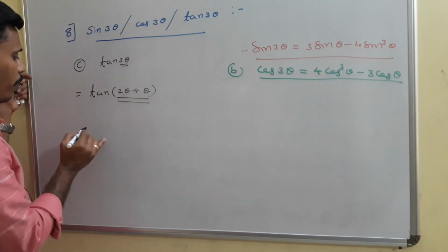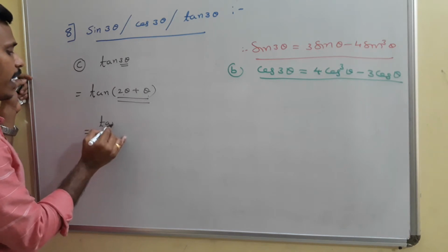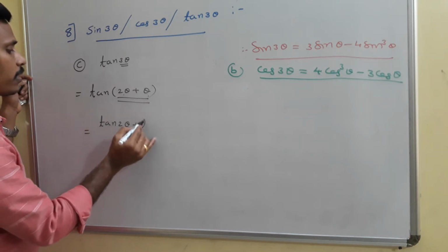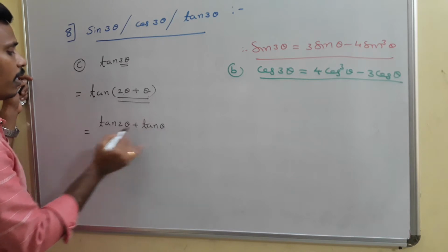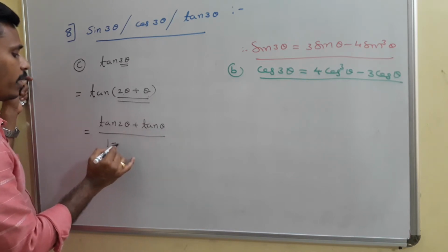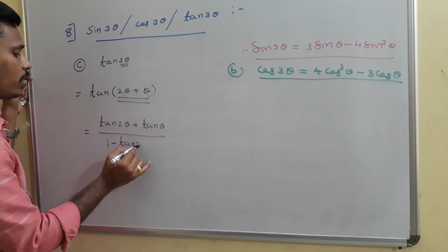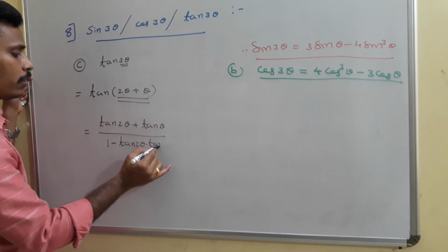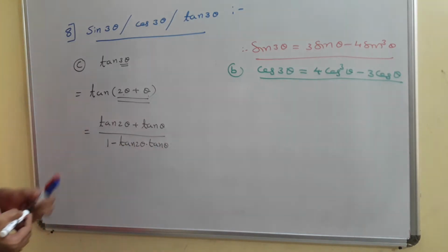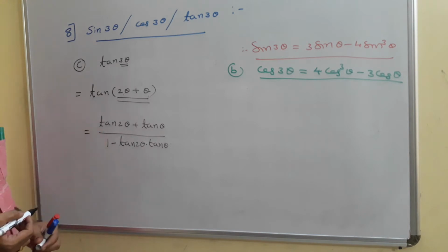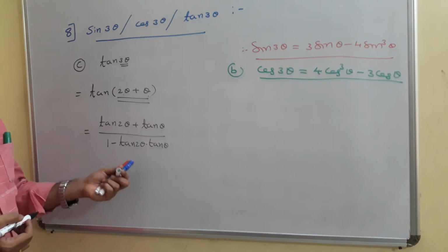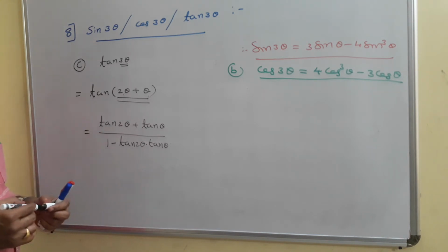Just like tan of a plus b, we can write it like this: tan 2 theta plus tan theta divided by 1 minus tan 2 theta into tan theta, right?